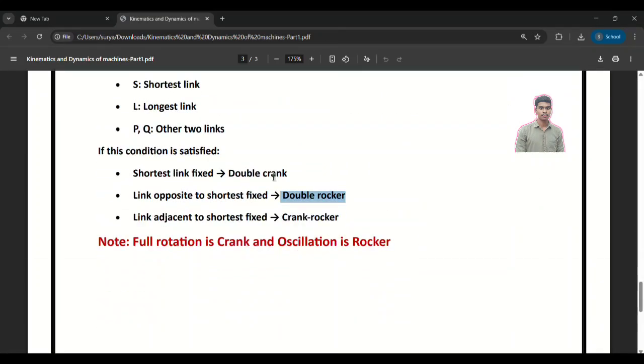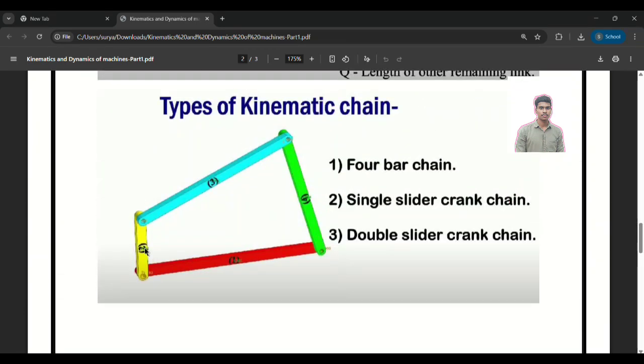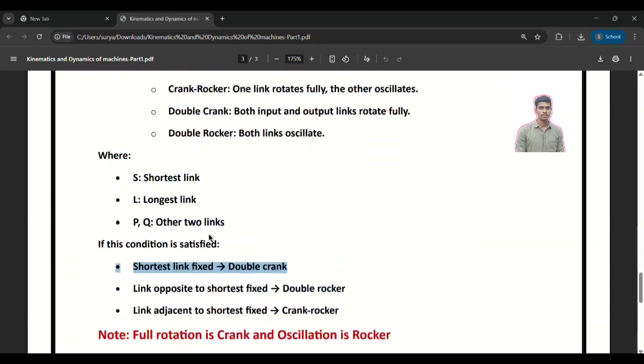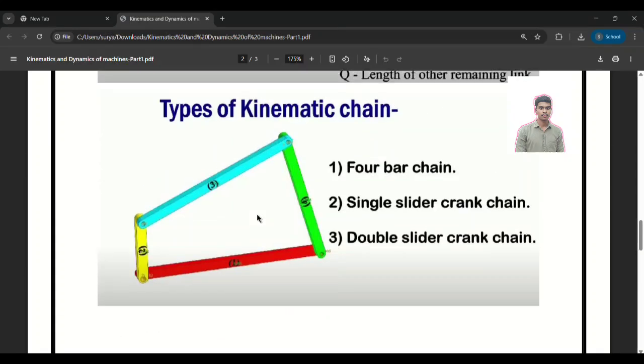The next one is when the shortest link is fixed. What will happen if the shortest link is fixed? If you fix the shortest link over here, you can see that the two linkages, third and first, will easily move, and there is a double crank rotation.